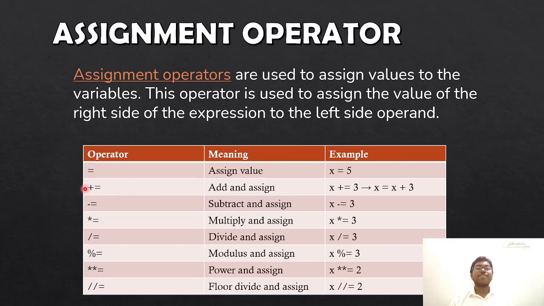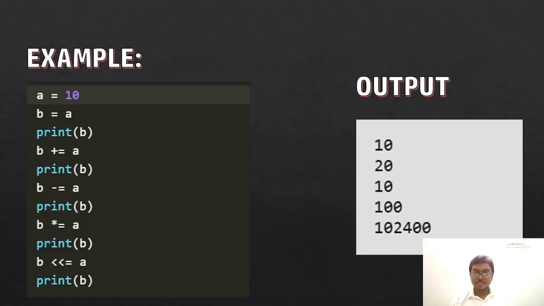But plus equal means, for example, x plus equal to 3 means x equal to x plus 3. Similarly, minus equal means x equal to x minus 3. Likewise, divide equal means x equal to x divided by 3. So these are the operators and this is the meaning of them.